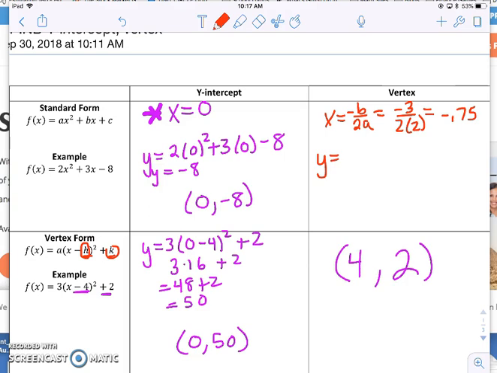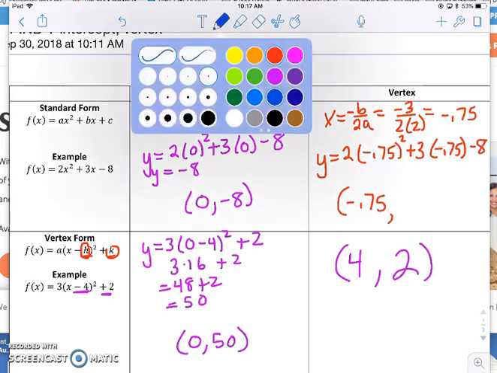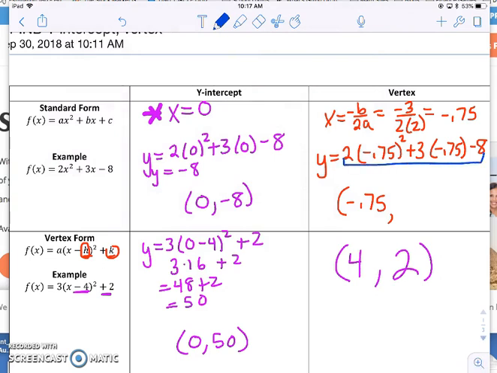So y equals 2 times (-0.75) squared plus 3 times -0.75 minus 8. So our vertex is -0.75, and I'll leave this for you to calculate. Whatever you get right here, there's your y-coordinate.